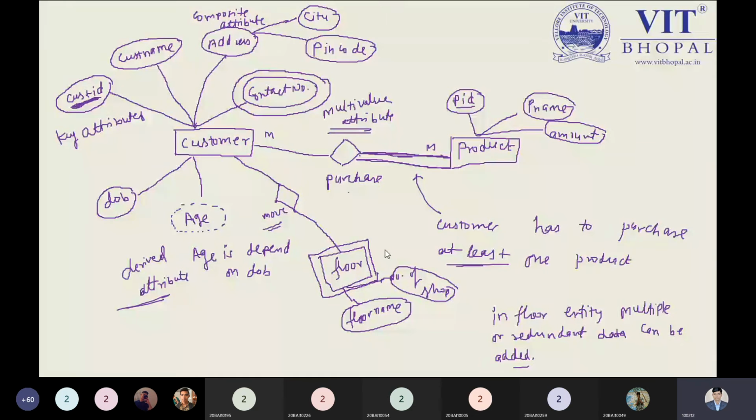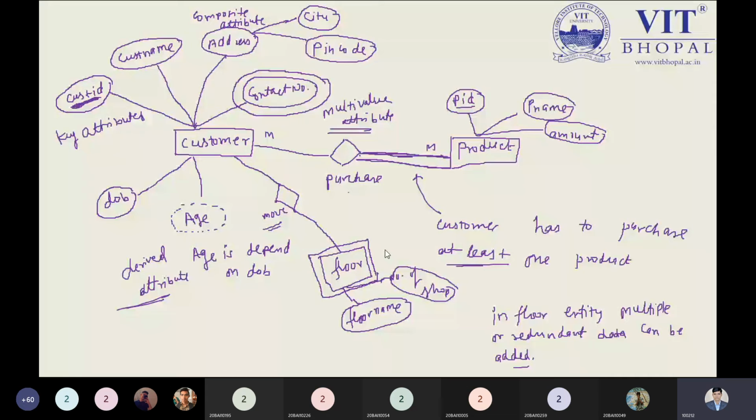We are not keeping any uniqueness in the record, because a customer comes to the ground floor, then moves to the first floor, and after some time moves to the ground floor once again. So duplicacy can happen. So I am not attaching any key attribute to the floor. So I am assuming this floor entity becomes a weak entity, so I am drawing it by a double ellipse.